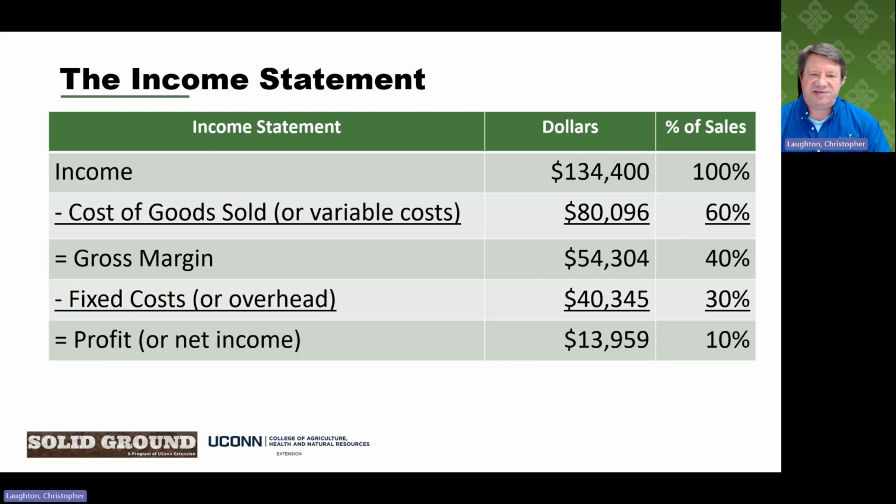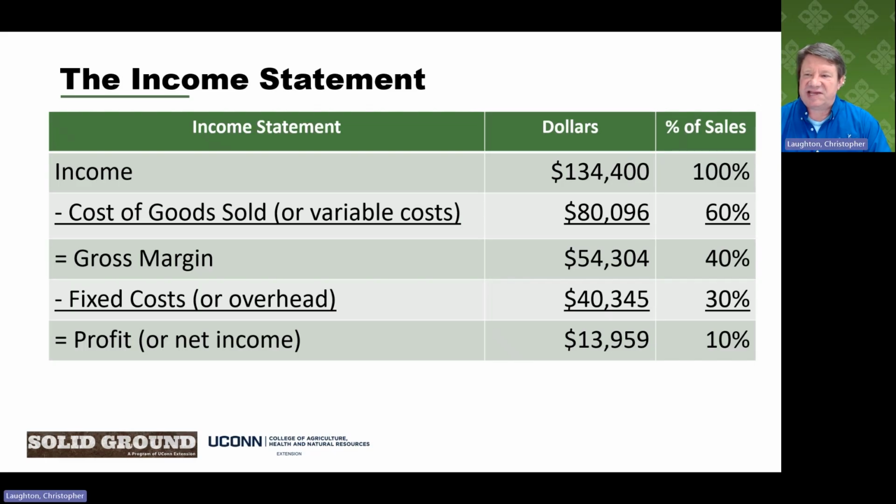And then from that, you take fixed costs, and the result of that is profit or net income. So in this example, Chris's greenhouse, we have revenue of $134,400. The cost of goods sold were $80,096. That left us with a gross margin of $54,304. And that gross margin is what's available for overhead recovery and net income.